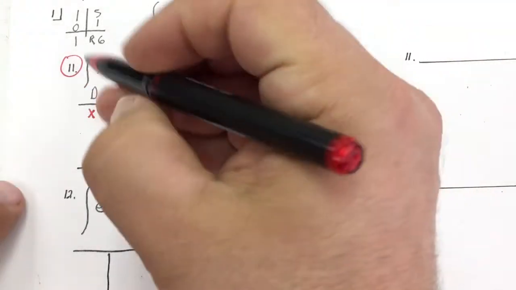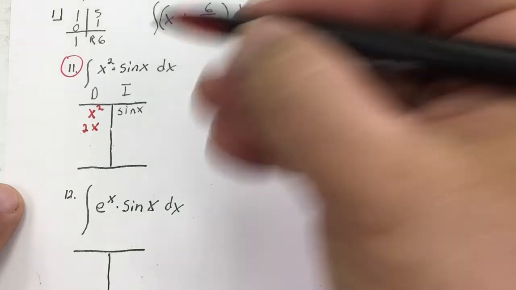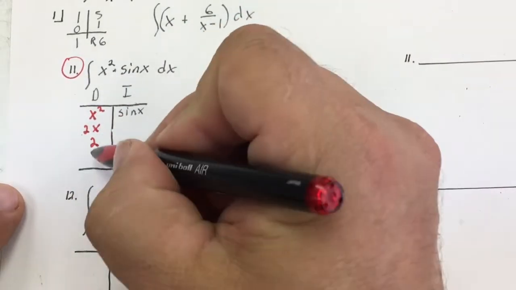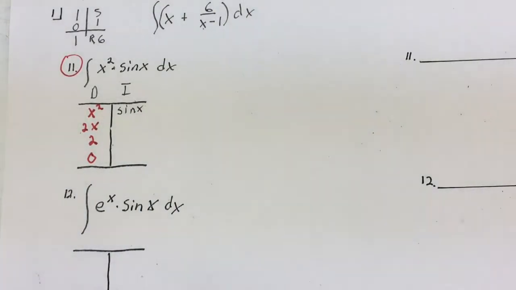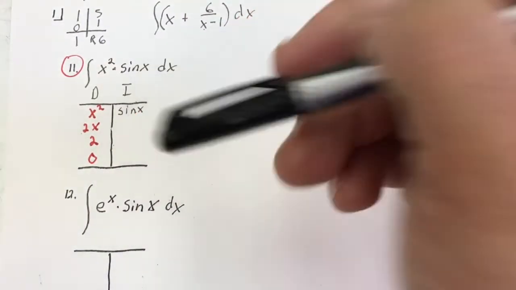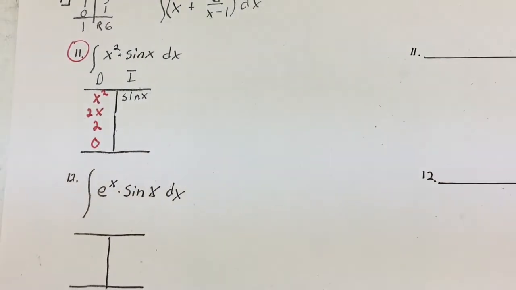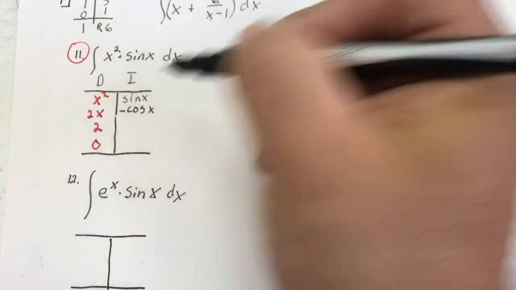The derivative of x squared is 2x. Then I'm going to take the derivative of that again, which is 2. And the derivative of 2 is 0, and that's my stop. Now I'm going to take the integral of sine x. And the antiderivative of sine x, and I have to be careful, is negative cosine x.